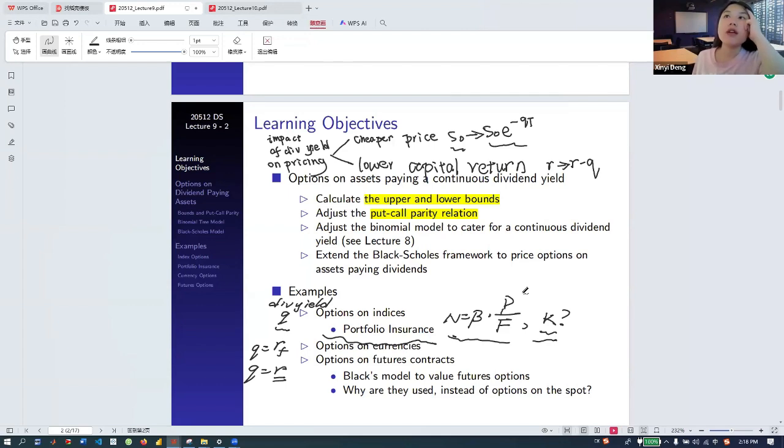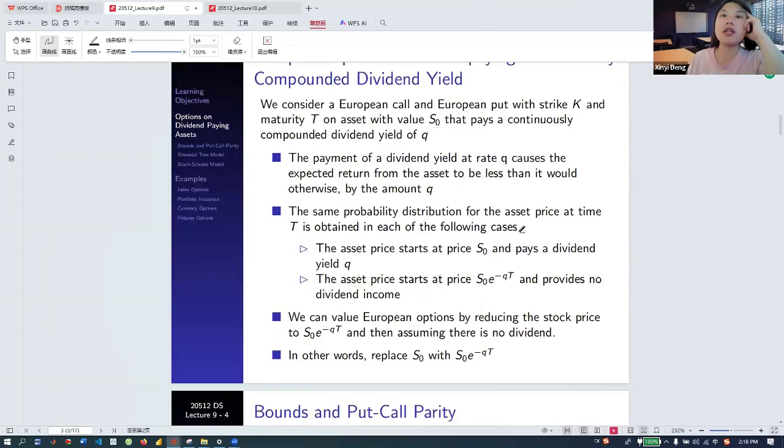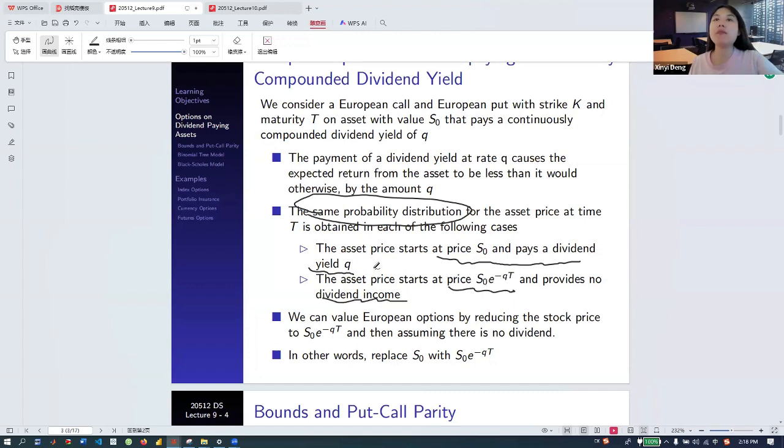The asset price that starts at S0 and pays a dividend yield q has the same probability distribution as an asset price that starts at S0 times e to the power of minus qT and provides no dividend income.